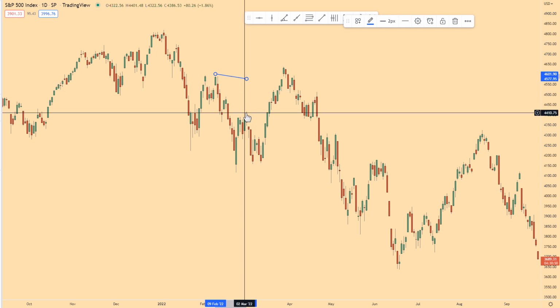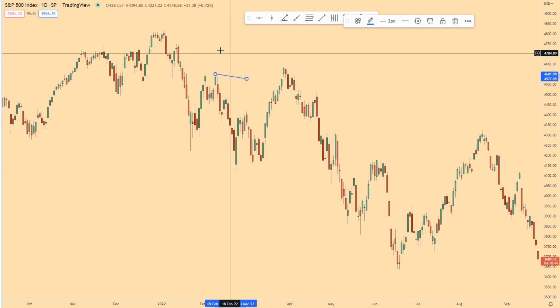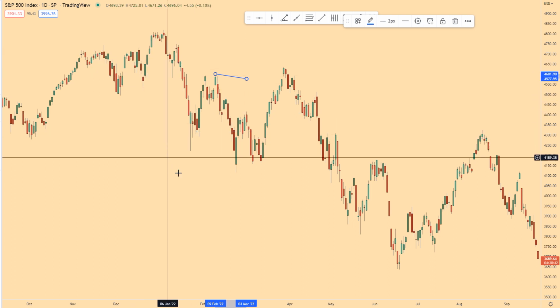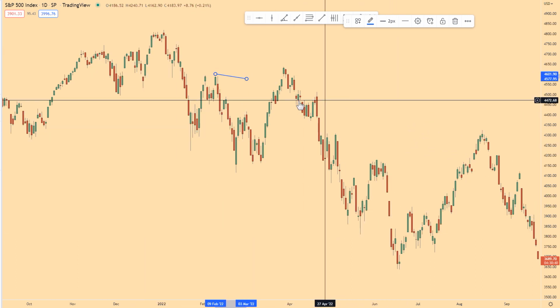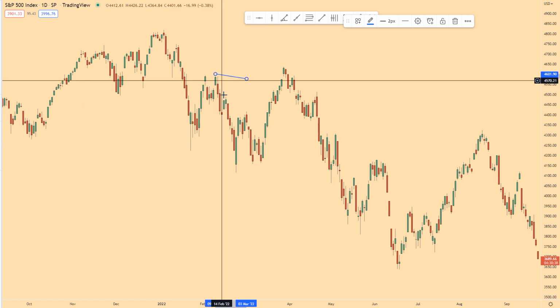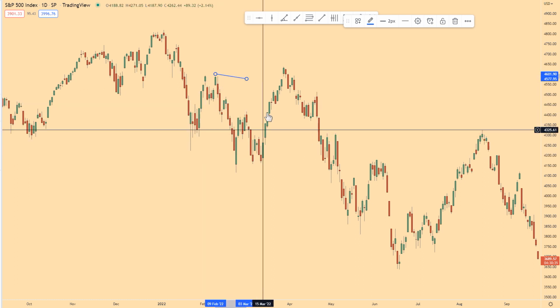Now, this is like any method that you're going to use where you anticipate changes in trend. It's going to work better when you have a corrective type market like this, in other words, where there's a lot of overlapping price action.